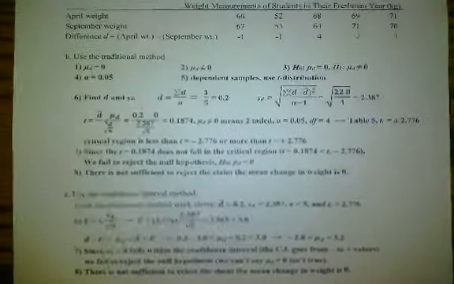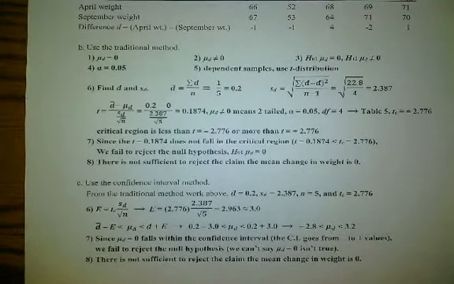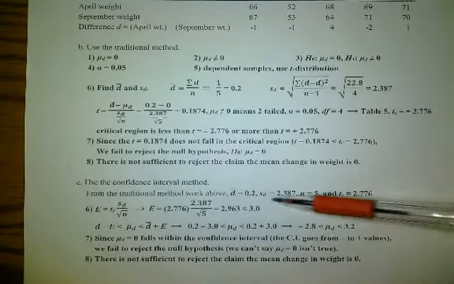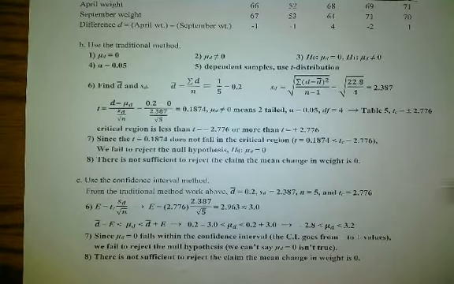Now, if we wanted to do the confidence interval method, of course the first 5 steps would all be the same, and we would do the same work for finding d bar, the standard deviation, and the t-score. All of that would be the same. We would just have to find the margin of error in this case.